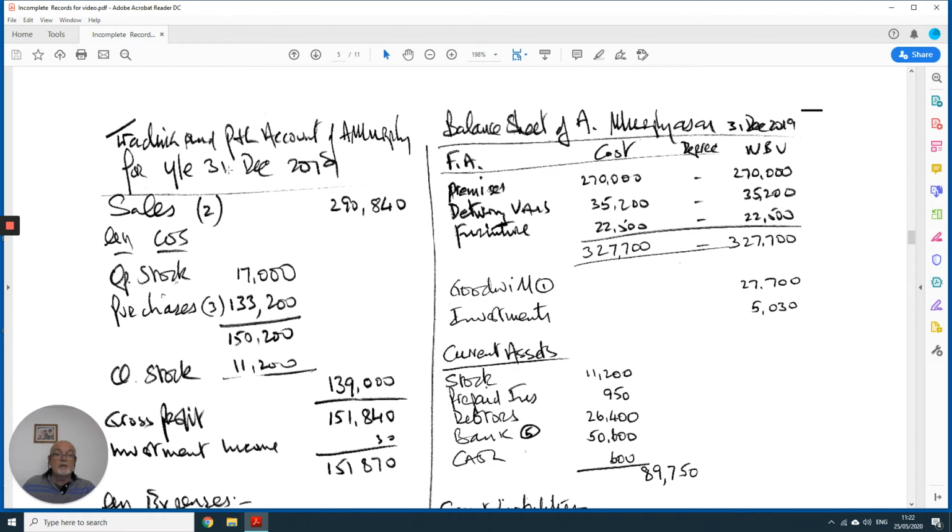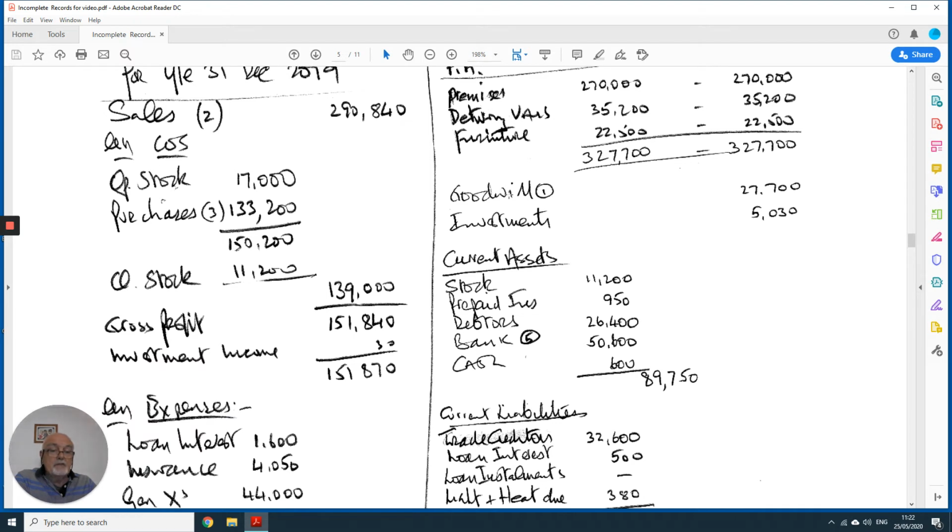The balance sheet similarly, I've got my tangible fixed assets there. The premises were originally 180,000 and we bought 90,000 more from the proceeds of the loan. We bought delivery vans and we bought €30,000 worth of furniture, a quarter of which was charged to the owner in drawings.